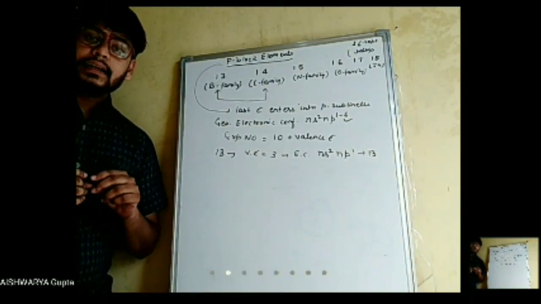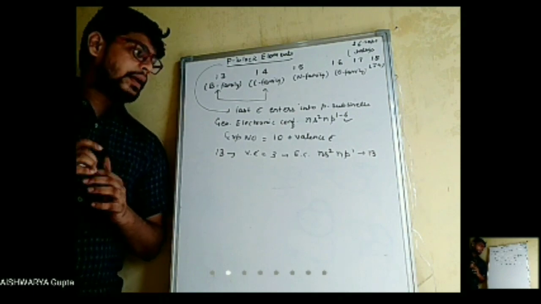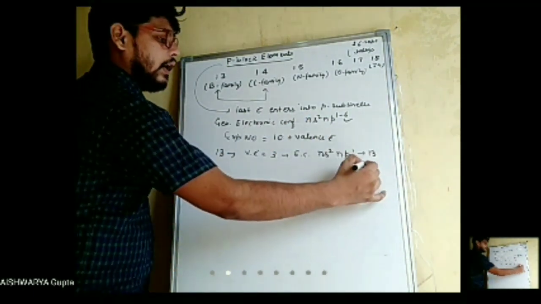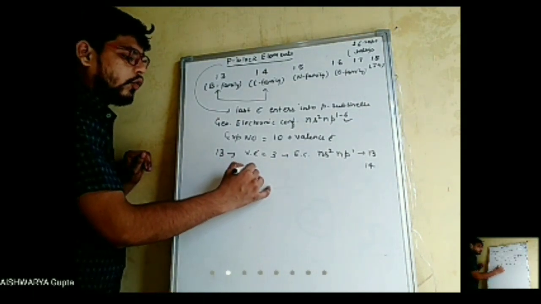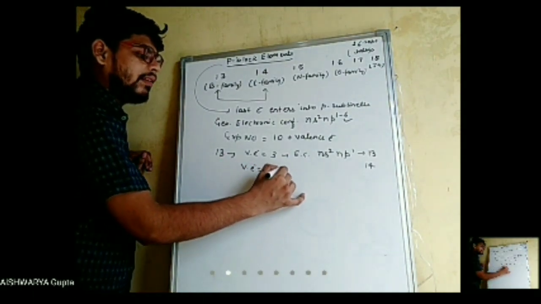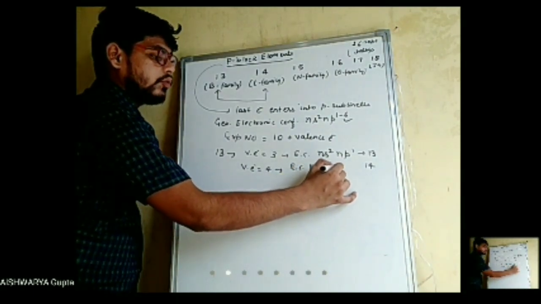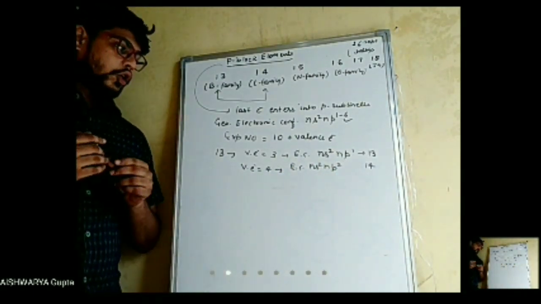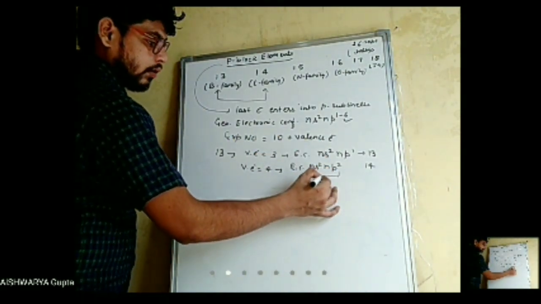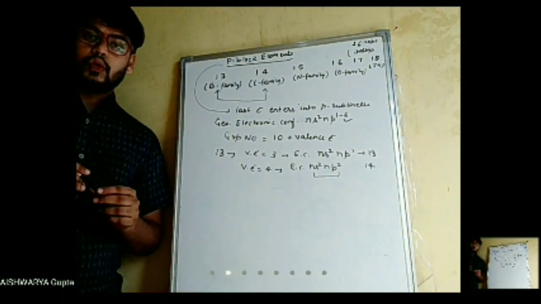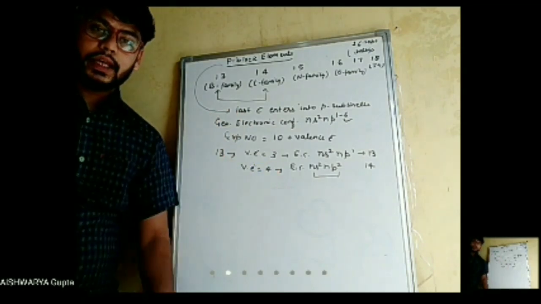Now the group 14 element will have 4 valence electrons with a similar pattern, ns2 np2, so this will be the general electronic configuration of the group 14 element.